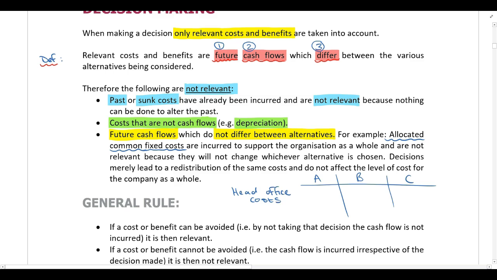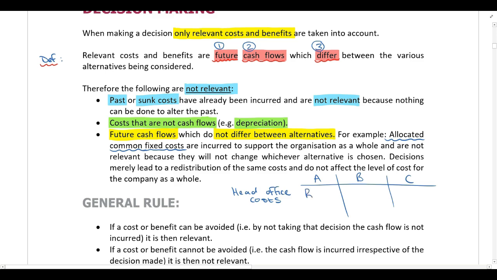So head office maybe performs some functions for these divisions. Maybe all of the accounting is done at a head office level, all of the payroll, all of the admin might be done at a head office level. And because of that, head office incurs costs. And the head office costs are going to be allocated to these different divisions.